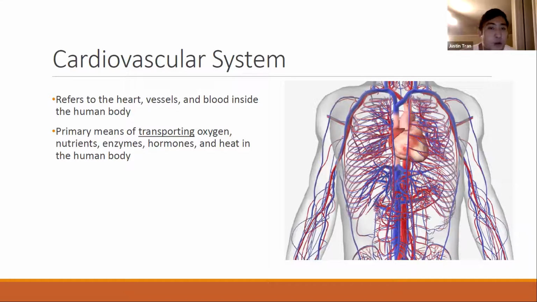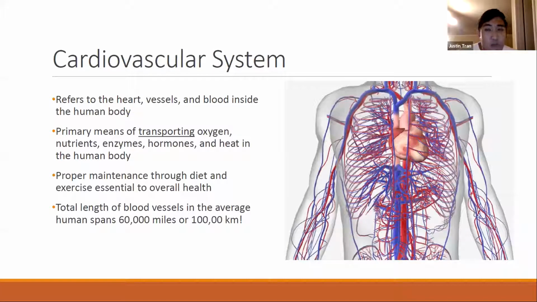So it's a very centrally important system in your body. Some might argue it might be the most important system. But even beyond that, the cardiovascular system has other functions as well that we're going to talk about today. And just like we talked about on Tuesday, proper maintenance of your cardiovascular system is vital to your overall health, and the primary ways that we do this are through diet and exercise.